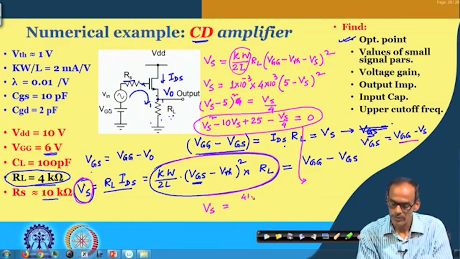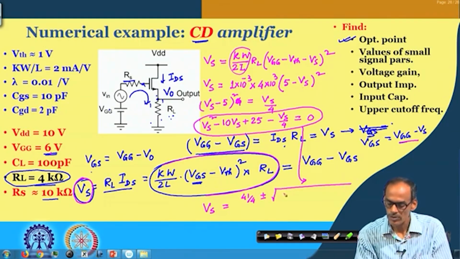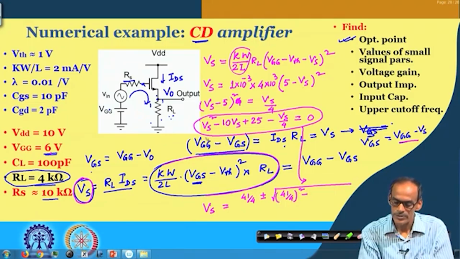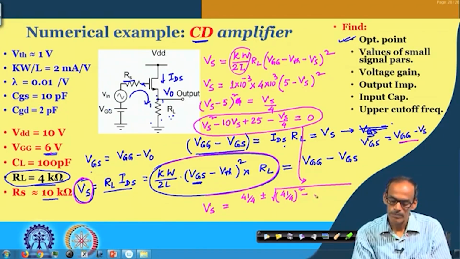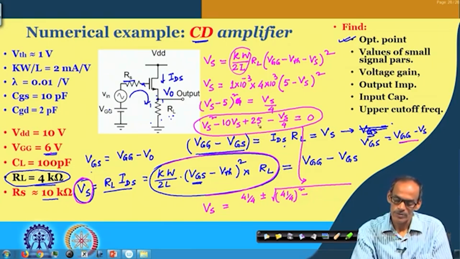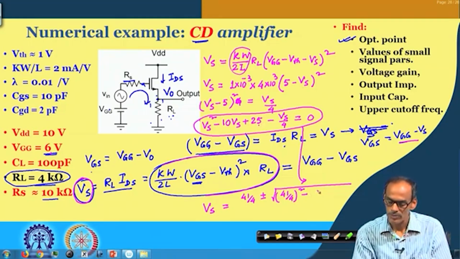So V s equals 41 by 4 plus or minus the square root of 41 by 4 square minus 4 into whatever it is, A into C, so 4 into 25, that is 100, divided by 2.